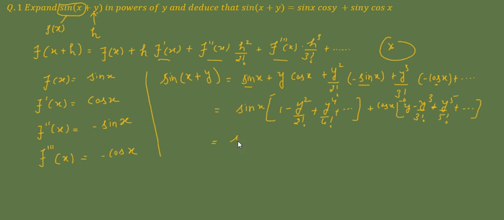So if you observe that the portion in the bracket is expansion of cos y. So this will be cos y times sin x plus cos x, and here this expansion is from sin y. So we have proved the first part of the question, that sin of x plus y is sin x cos y plus cos x sin y, and this is very important formula you ever frequently use in trigonometric problems.